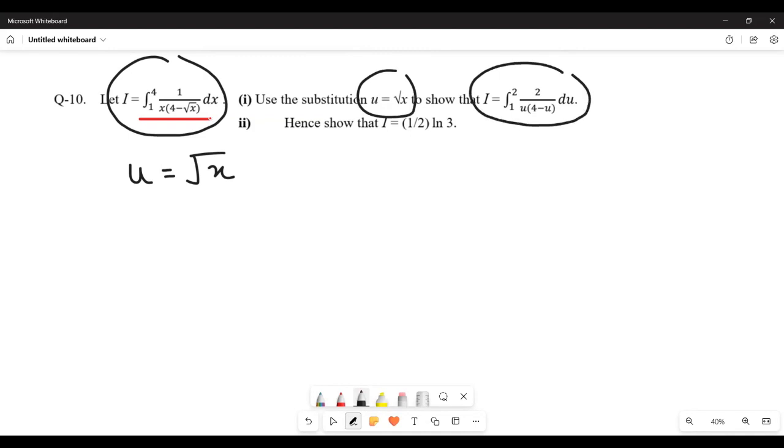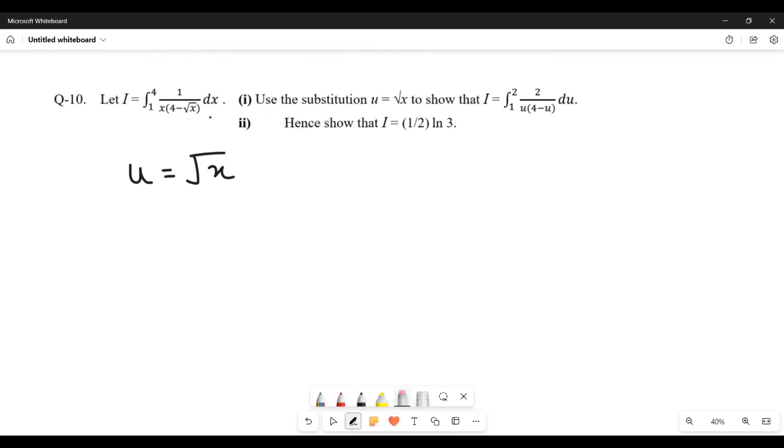Whenever you're using substitution to integrate, always start with the given substitution. Then differentiate it with respect to the variable on the left. It's going to be du upon dx, which becomes half x power half minus 1.